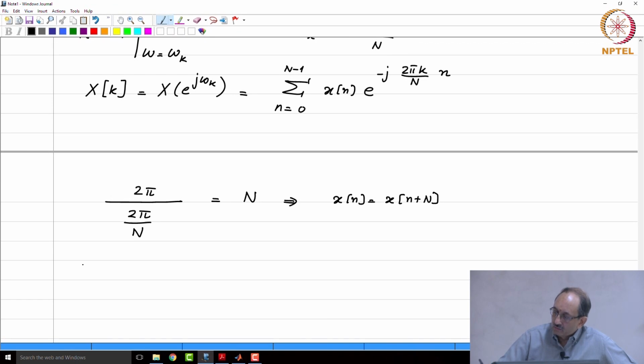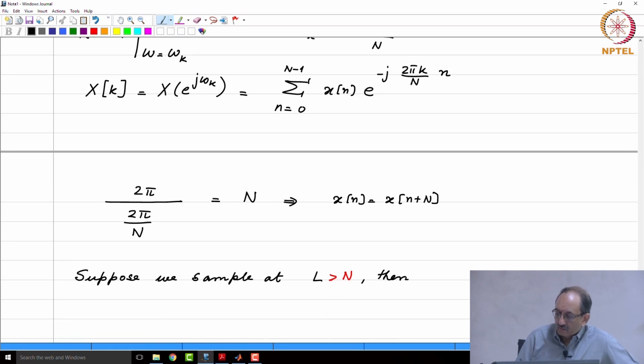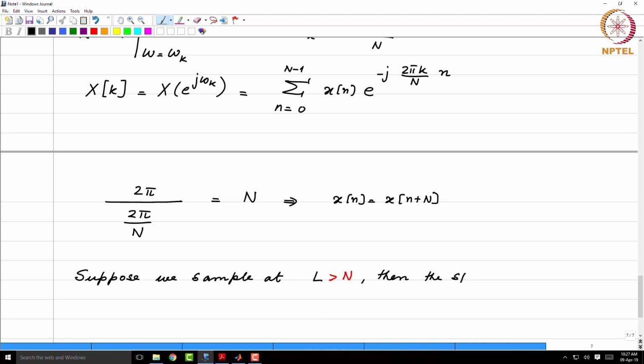Now suppose we sample at L points, which is greater than N, then the spacing is what?